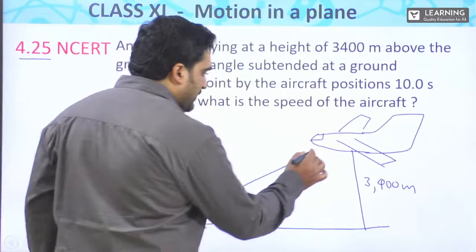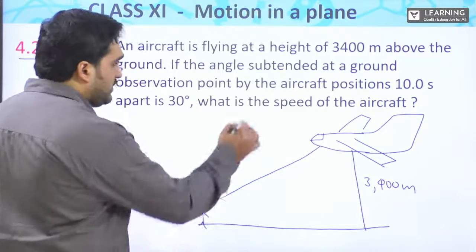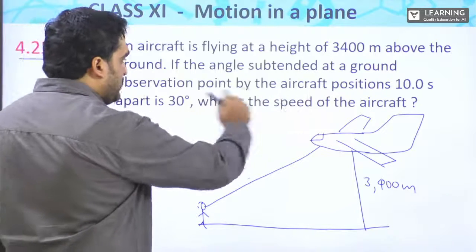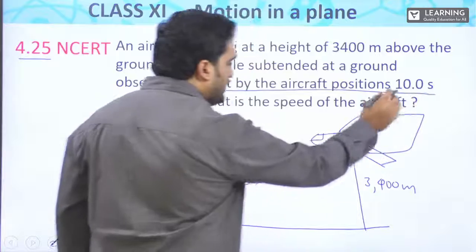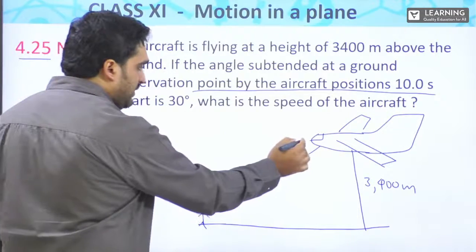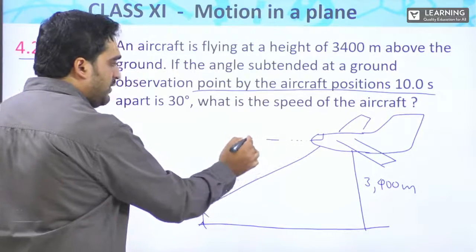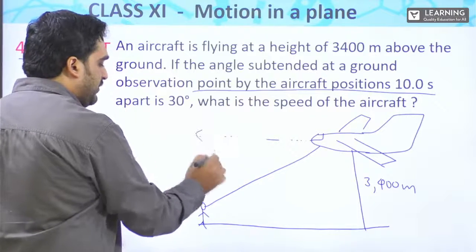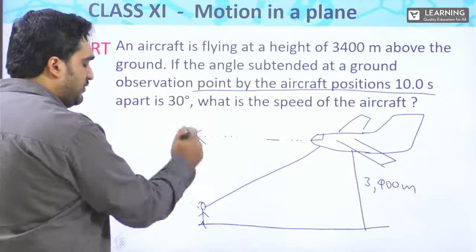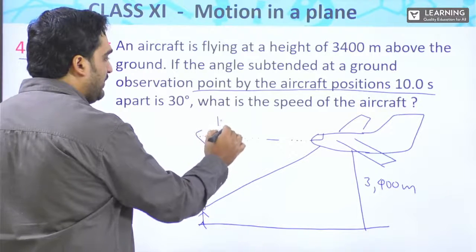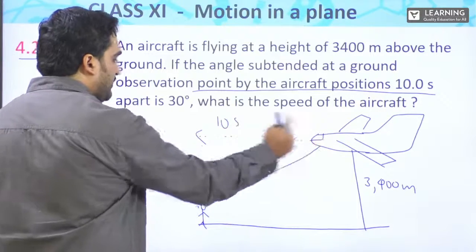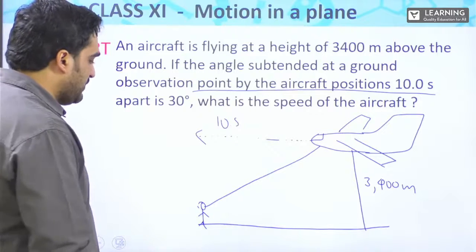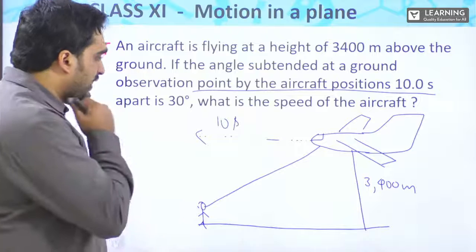So there's an angle that subtends, which is 30 degrees. And the aircraft positions are 10 seconds apart, meaning it takes about 10 seconds for the aircraft to displace from the position overhead to the point here. What is the speed of the aircraft?